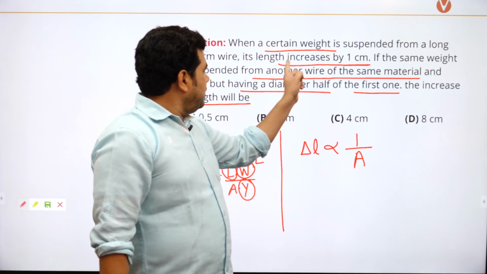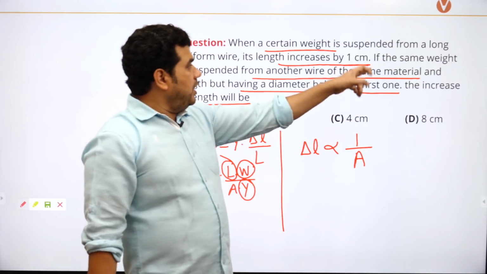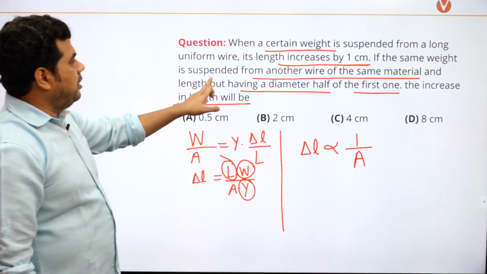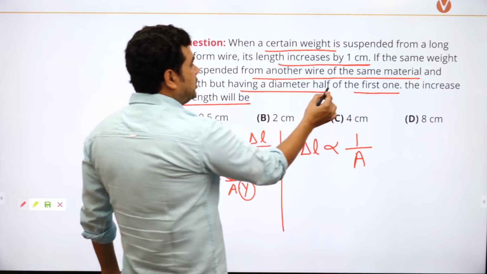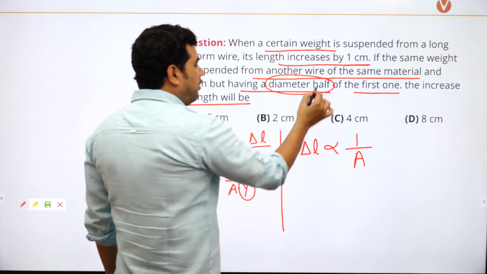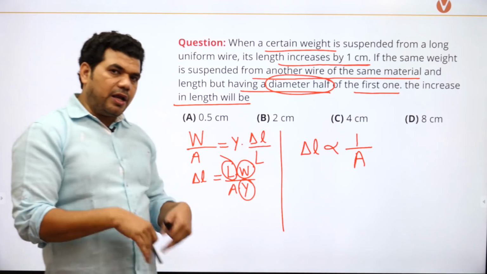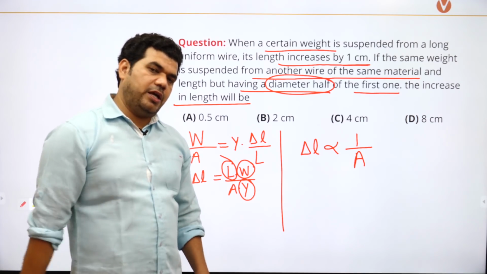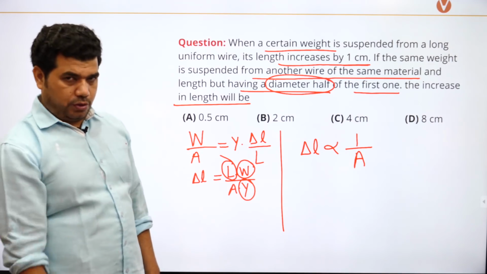Now the first wire's length increased by 1 centimeter. If the same weight is suspended from another wire of the same material but having half the diameter, then what about the cross section area? Yes, 1 by 4.